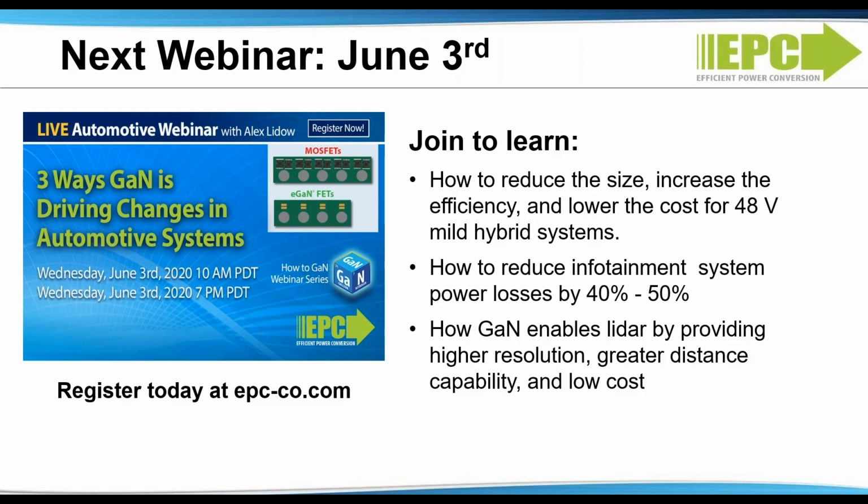Despite having a lower number of FETs, why does the half bridge have the same power density as that of the full bridge? I think that's where you were showing the two solutions side by side. Yeah, the two LLCs, right? The difference is in the transformer design.